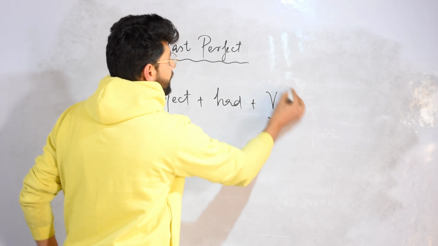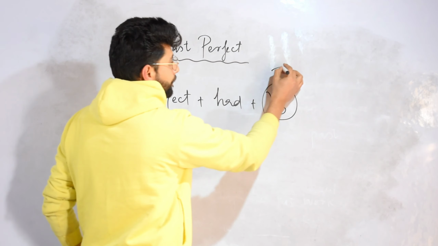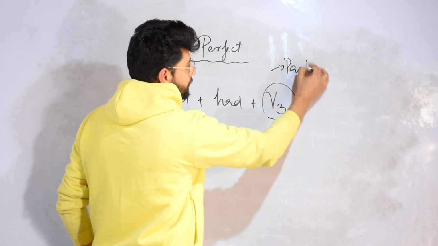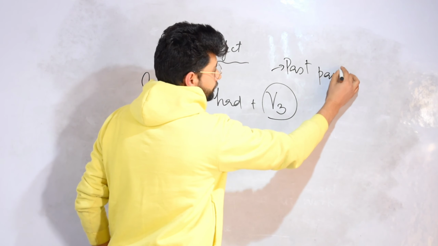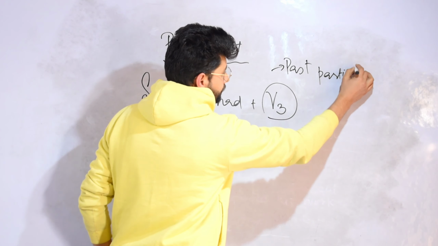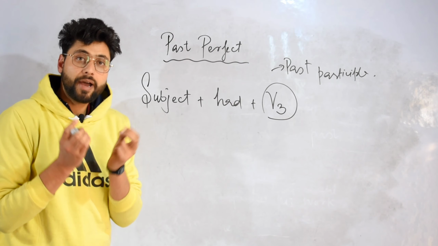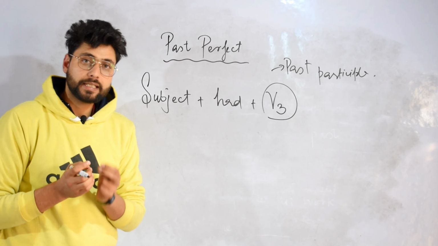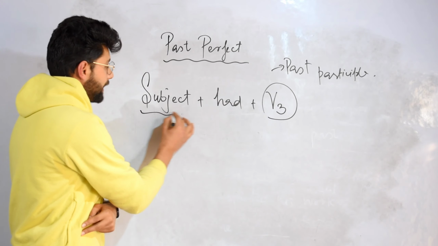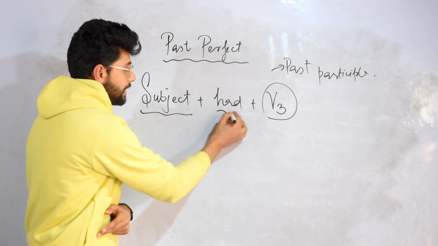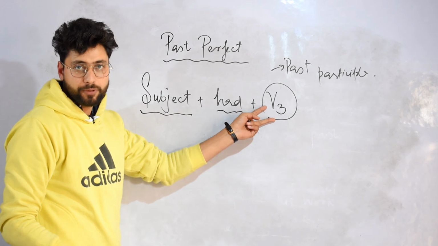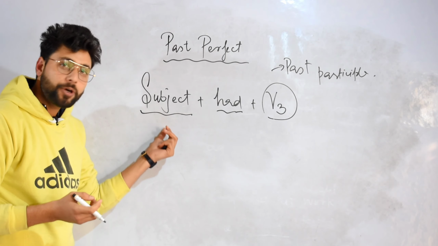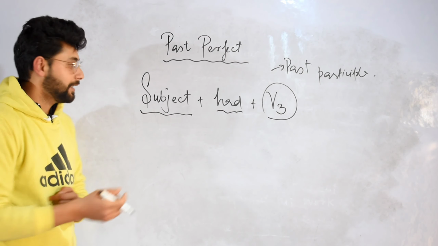This third form is also called past participle. What you have to use in your sentences is subject, had, and third form of verb. How to use this format in our sentences?